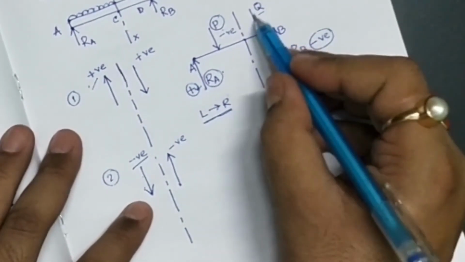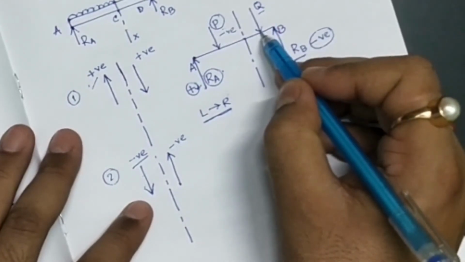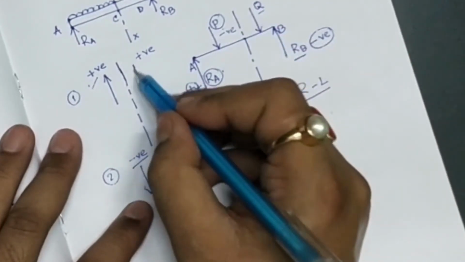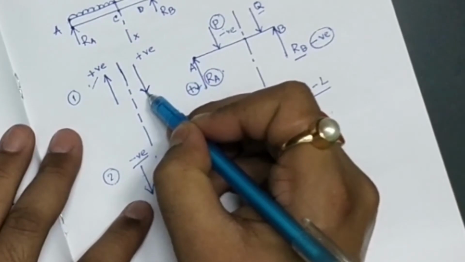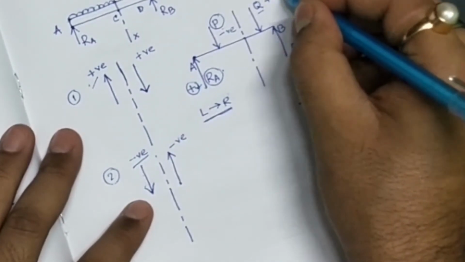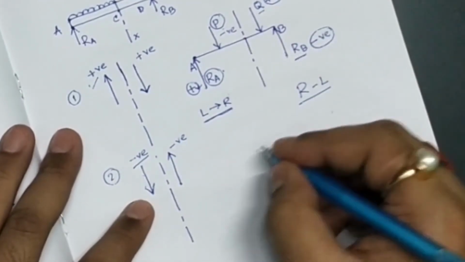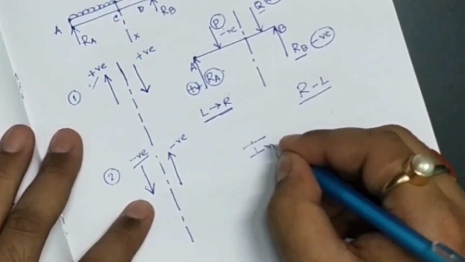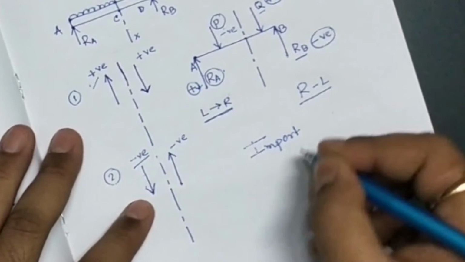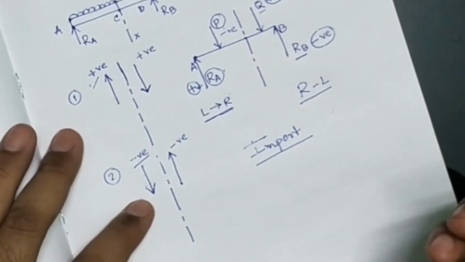And Q force is also a force which is acting towards the right of the section and acting downwards. So if a force is acting downwards, this has to be taken to be positive, obviously if this force is towards the right of the section. These are very important for calculation of shear force regarding any problem.